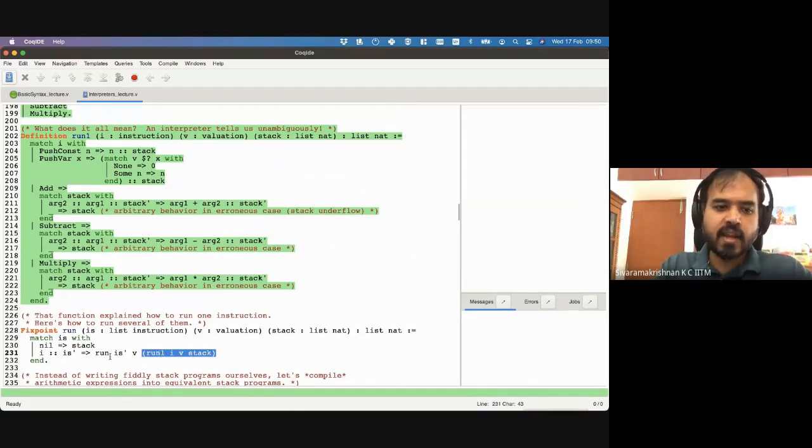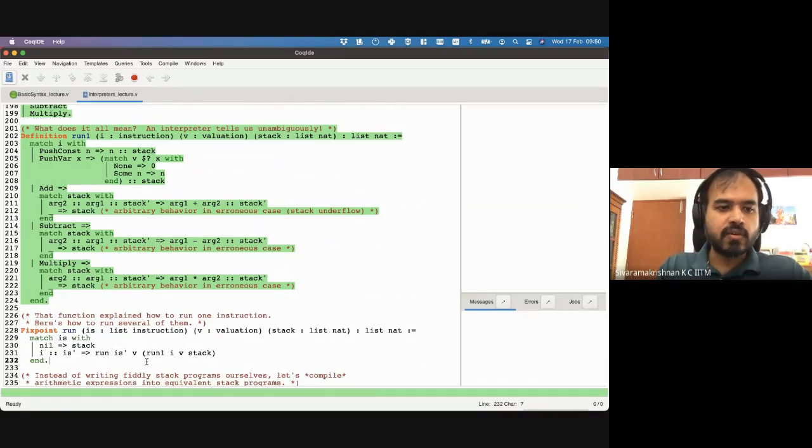And you execute the rest of the instructions in this modified stack. So you keep doing this until all of the instructions are exhausted, and you will have a stack that is left over. And the stack is sort of the result of executing this program, right? Yeah, so that's really how this execution works.